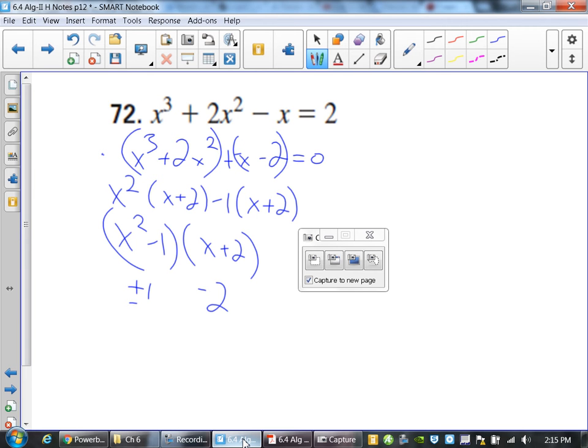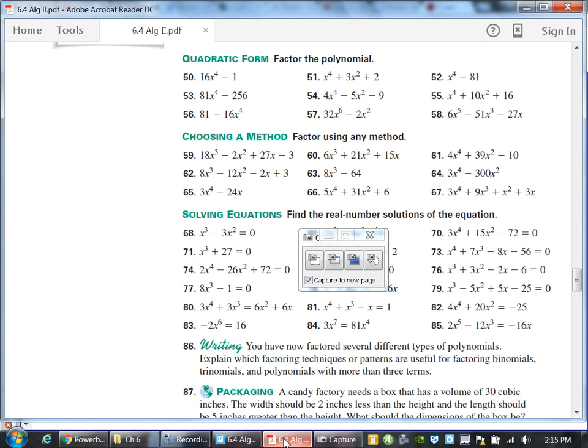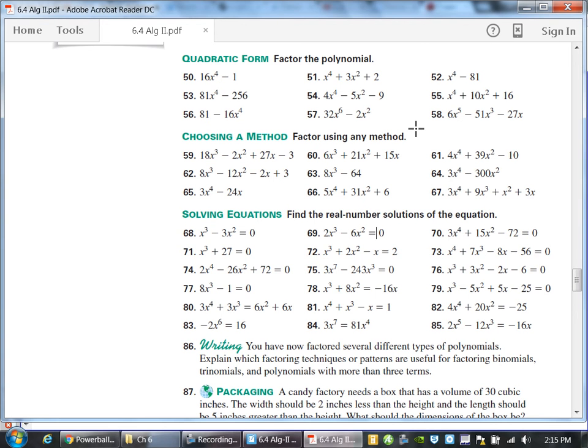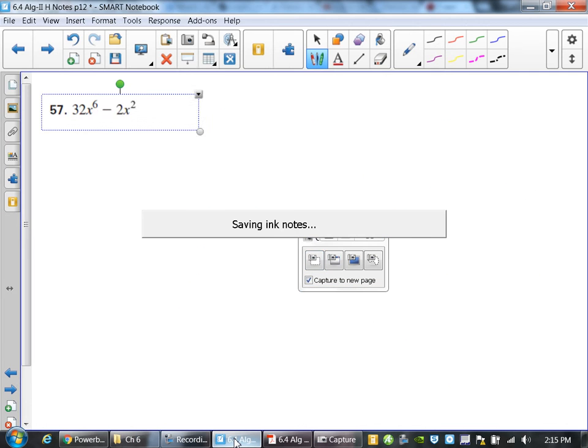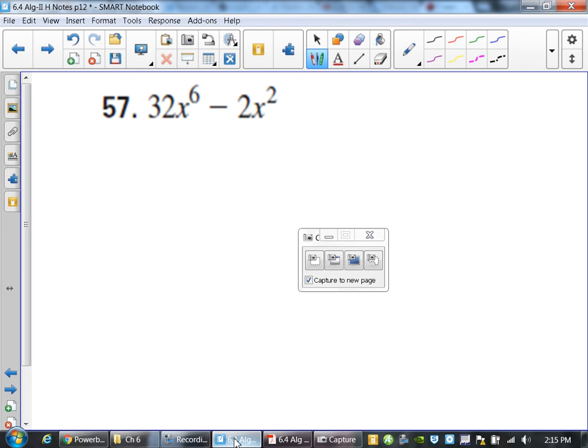What else you got? First rule of factoring is what? GCF. Here, take out the 2x squared. I get 8x to the 4th minus 1, good, 16. Math is hard.